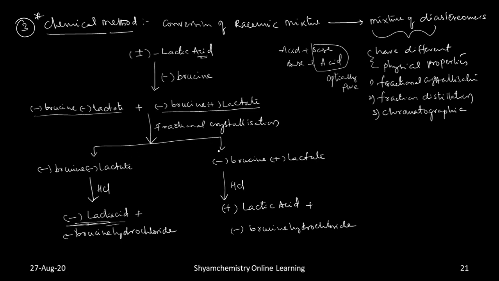After separation, add acid to the lactate compound and lactic acid is formed. So it is a very important method to separate enantiomers from the racemic mixture.